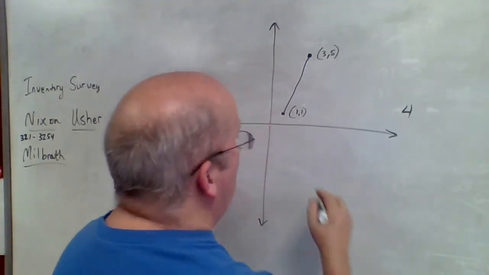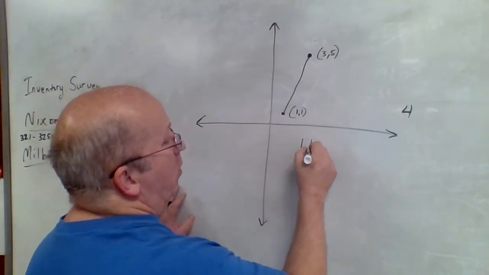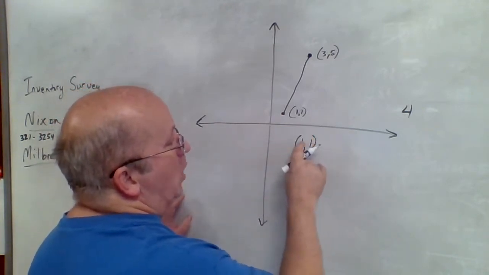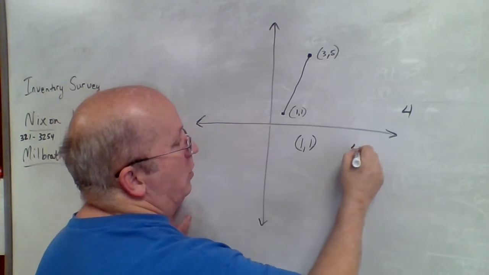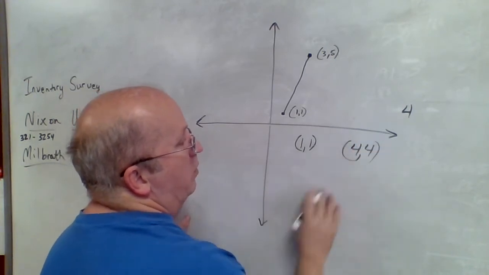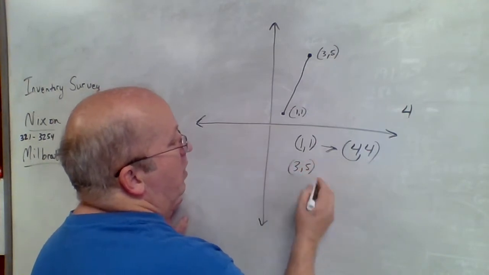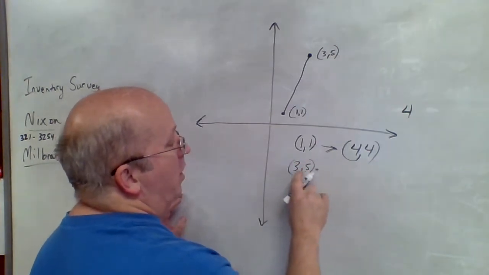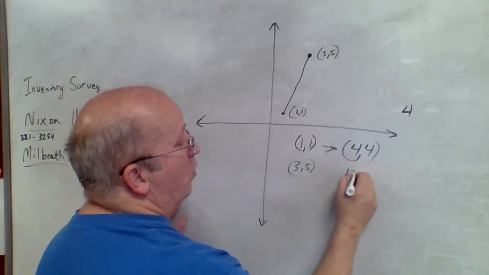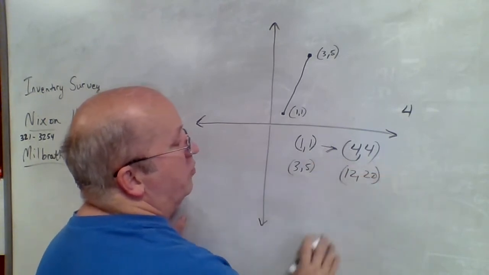It's real simple. You take the first ordered pair, 1, 1, and you multiply both of the numbers by that 4, and you get 4, 4. You take the second ordered pair, 3, 5, and you multiply both numbers by 4, and you get 12, 20.